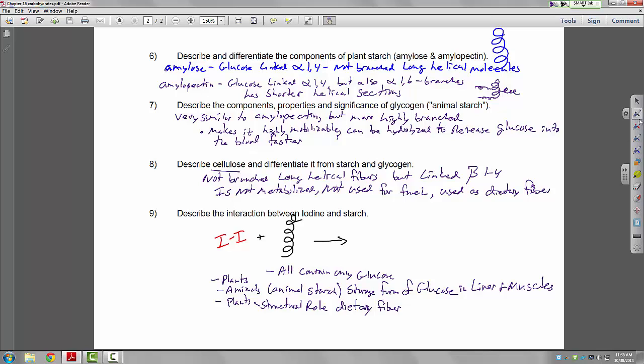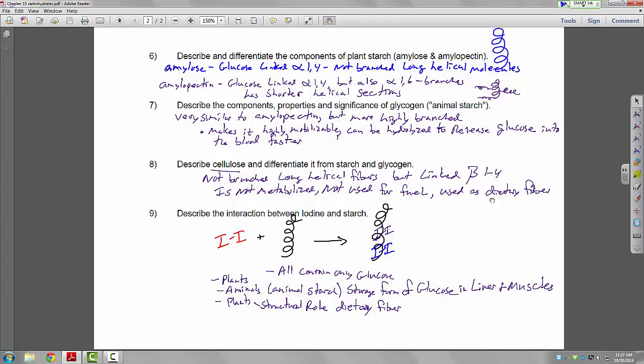And when you do that, the iodine actually bonds to this helix and it turns blue or purple depending upon the length of these helical sections. So a positive starch test or positive iodine test is when it goes from red to blue or purple.